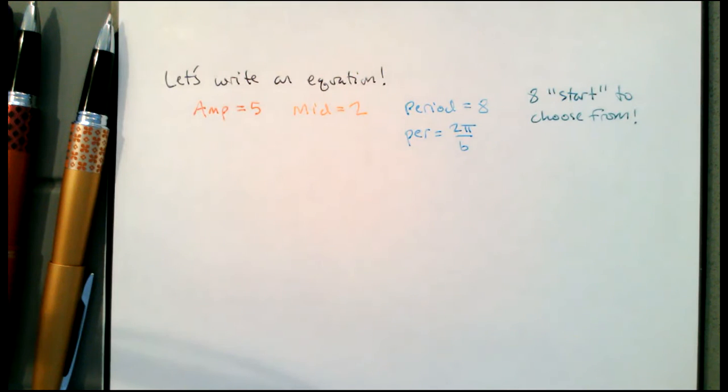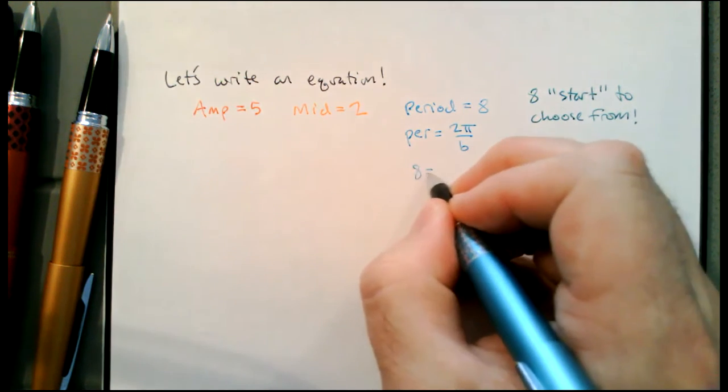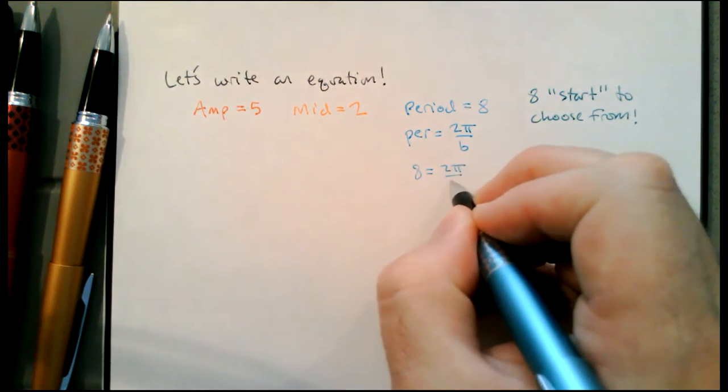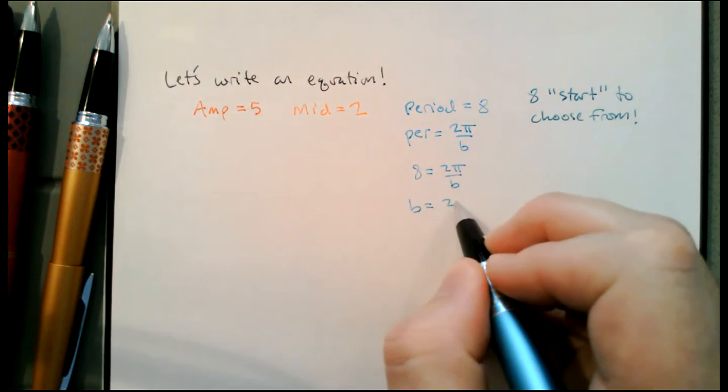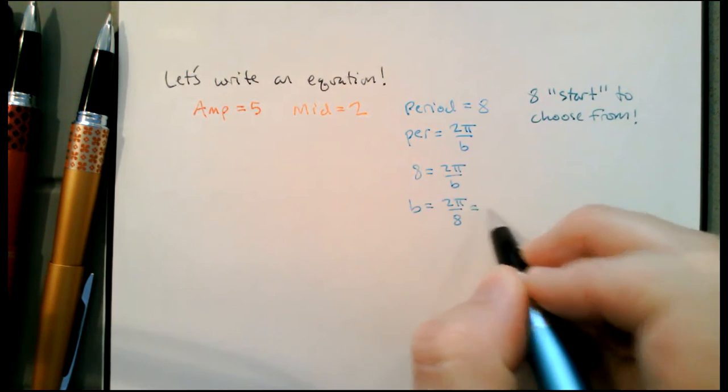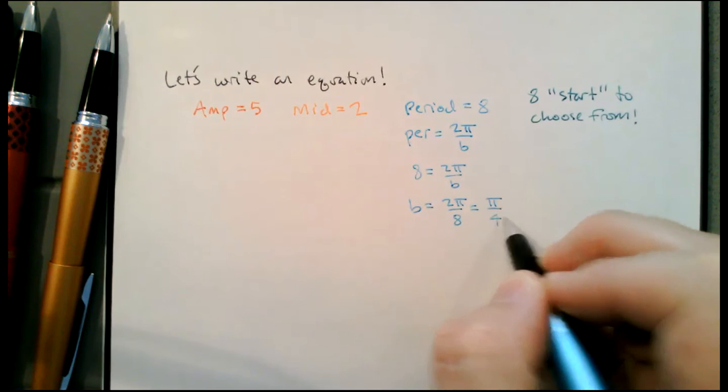To figure out b, we'll plug in the period and solve for b. So 8 is equal to 2 pi divided by b. So b is 2 pi divided by 8, which we can simplify to pi over 4.